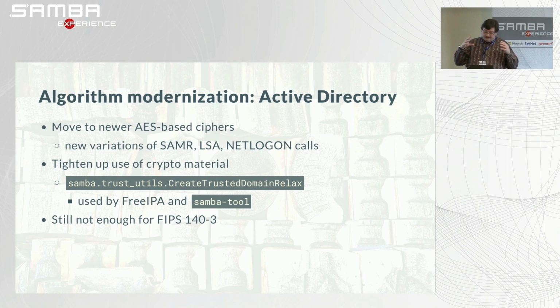So both Samba tool and FreeIPA call this function if it's available to establish trust instead of generating credentials itself and getting things.